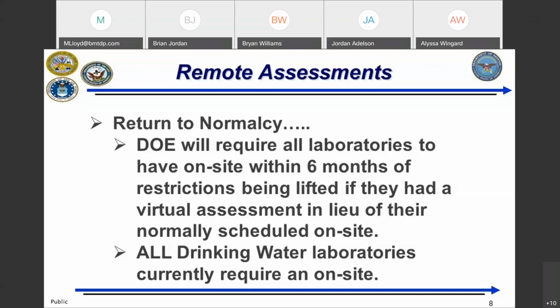So what they're saying here is that if you had a virtual instead of what you should have had as an on-site, they're going to require the accrediting body to come in within 6 months of restrictions being lifted. So that will affect a small portion of their laboratories. The next thing that we're seeing and hearing right now is that all drinking water laboratories are currently required to have an on-site.